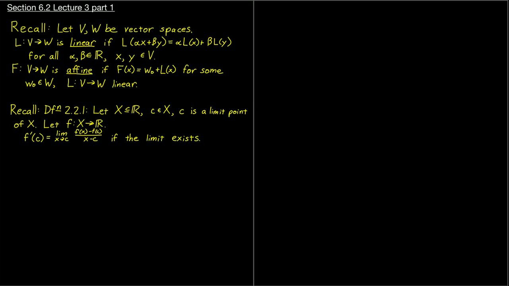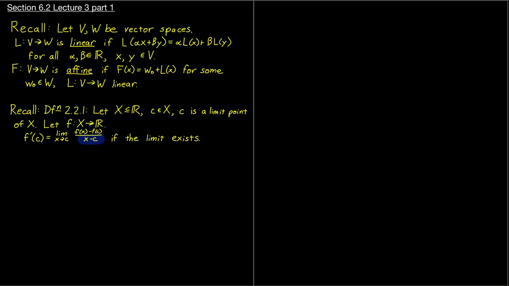And what's the problem with generalizing this to higher dimensions? The problem is, look at that, we're dividing by x minus c. We're dividing by a real number. Now, I know how to divide by real numbers, at least real numbers that aren't zero. That's an operation that we all know and love and learned about in elementary school.